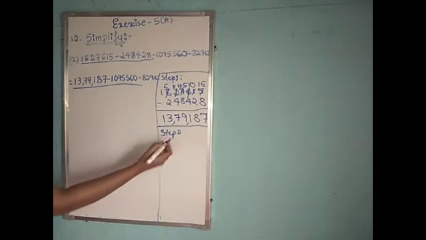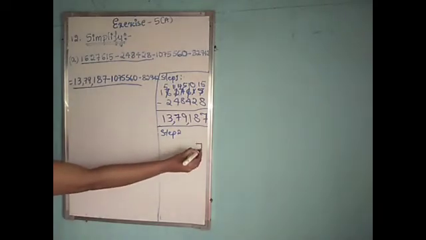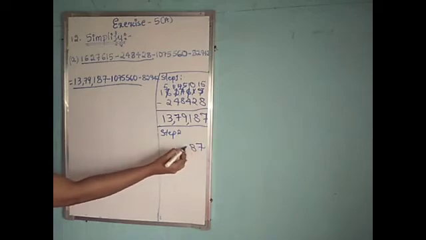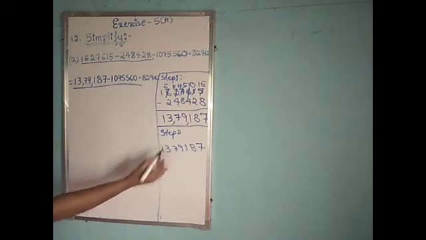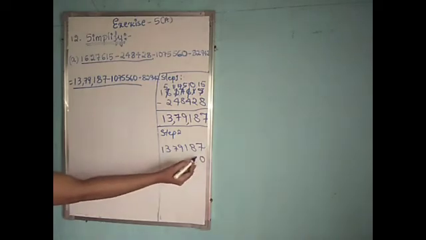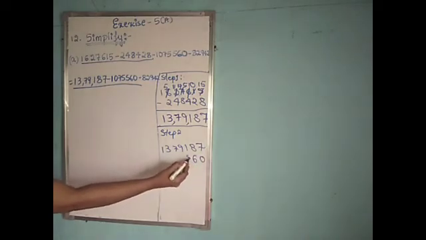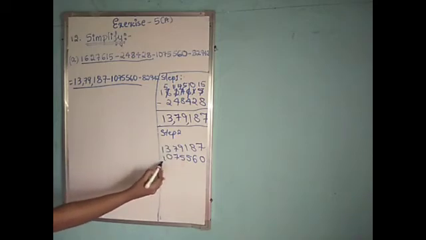Step 2. First we have to write 13,79,187. So 7, 8, 1, 9, 7, 3, 1. The second number is 10,75,560. So 0, 6, 5, 5, 7, 0, 1.